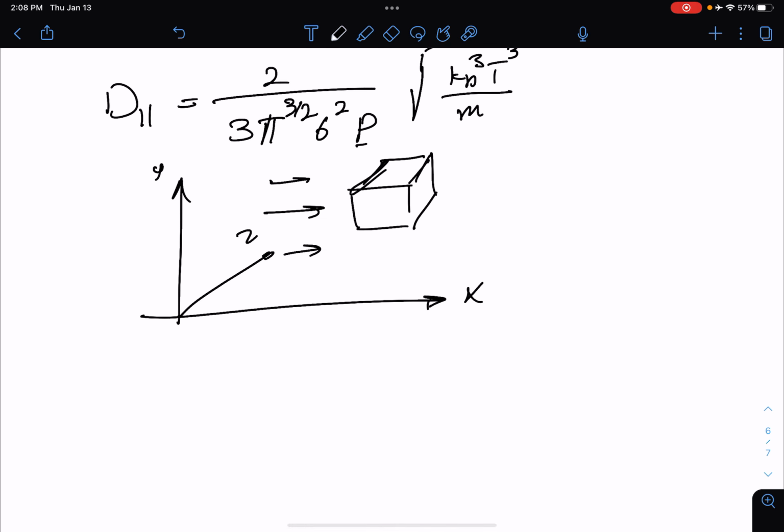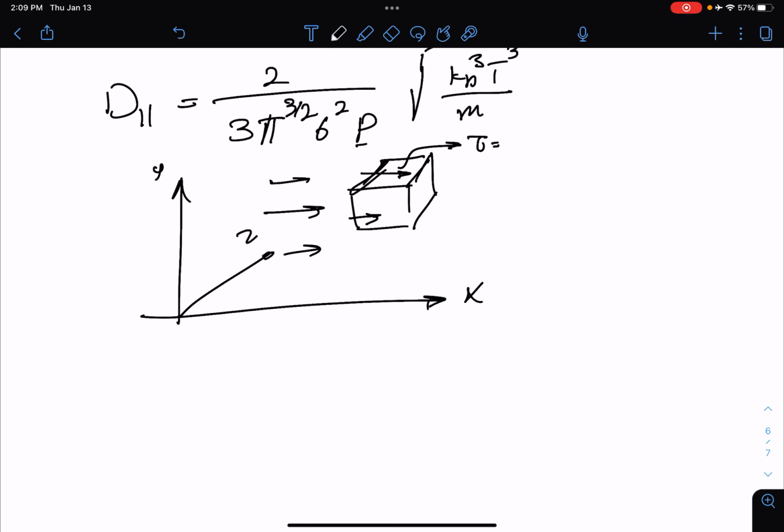We have some shear force exerted on any part of this small element of gas. Does this make sense? So this is essentially a control volume. Are we following? Yes. Okay.